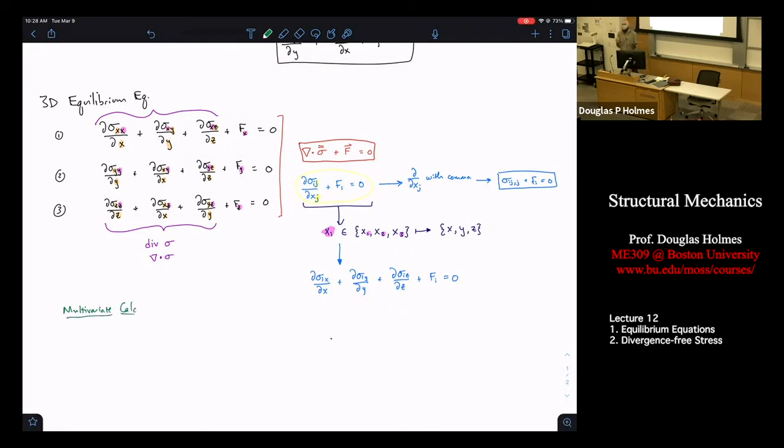I like to imagine these things as we have a couple of levels. We have a level of a scalar, which is just a number.